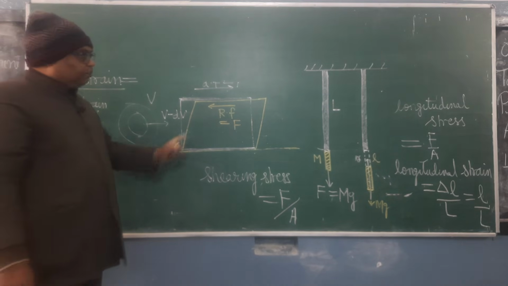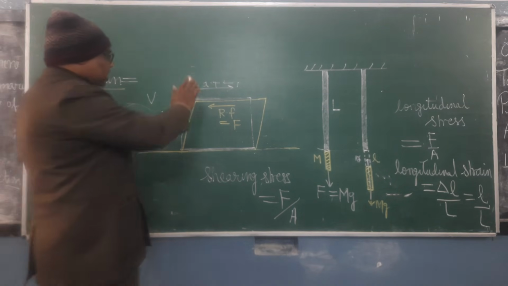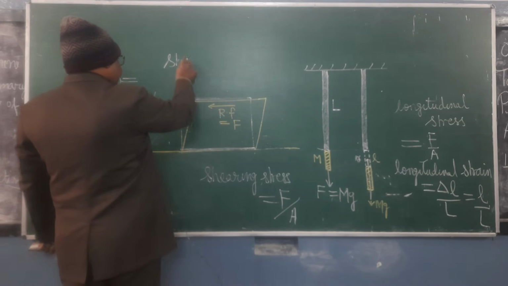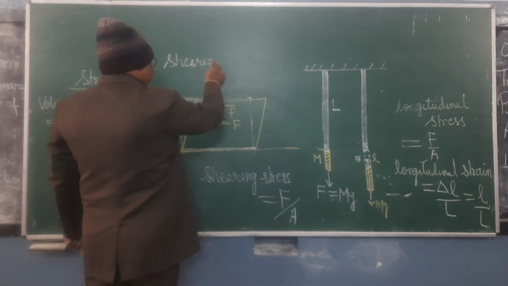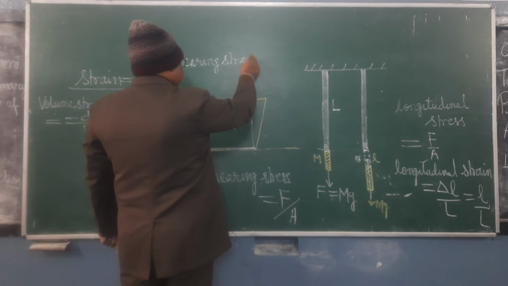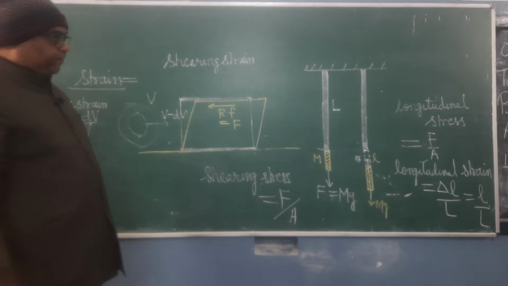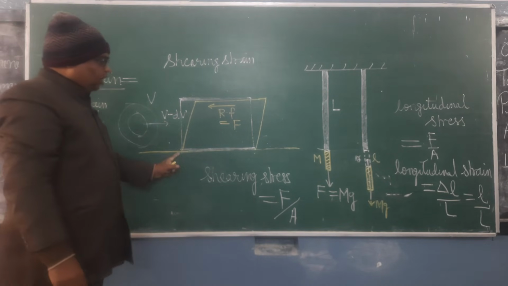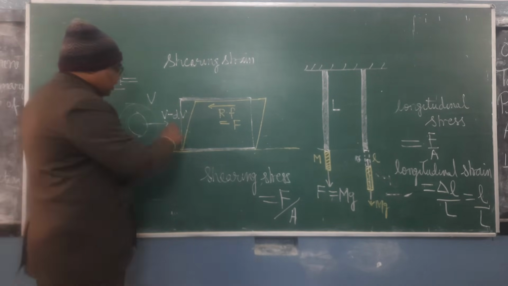Then the strain which develops here is called the shearing strain, because this strain is developed because of the change in shape. You can see here, this vertical wall has tilted by an angle theta.